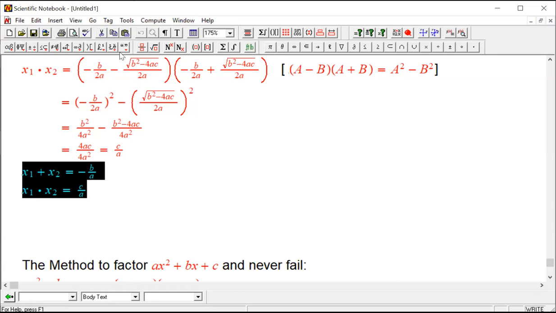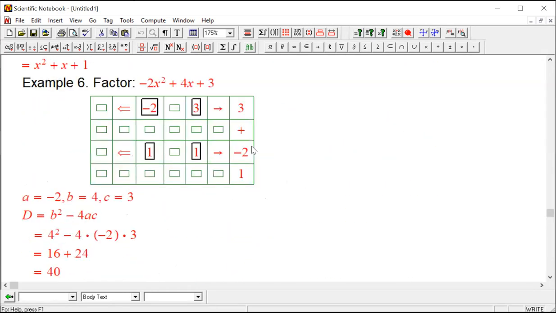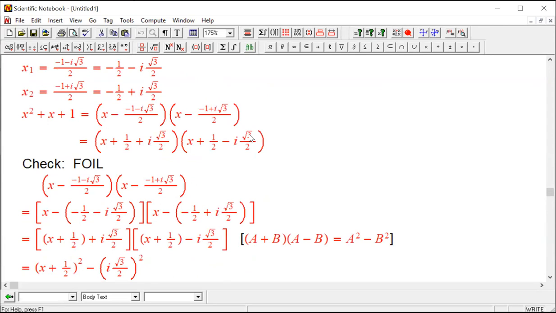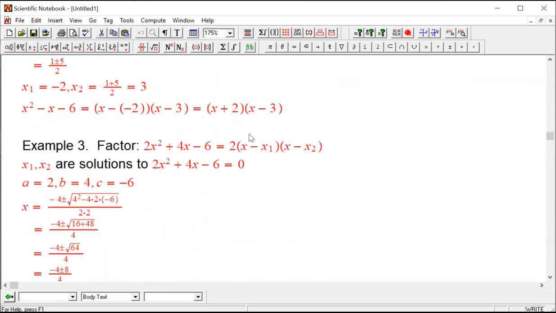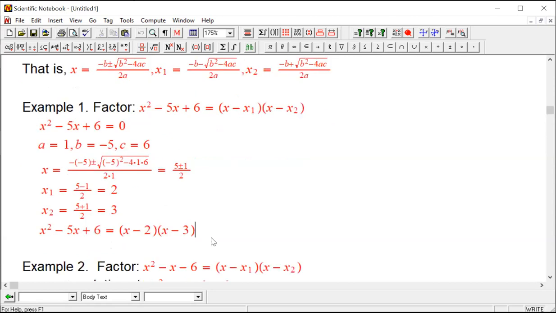Okay, so let's verify. We just proved it. So let's verify if they apply to our situation. Go back to our first example, right?